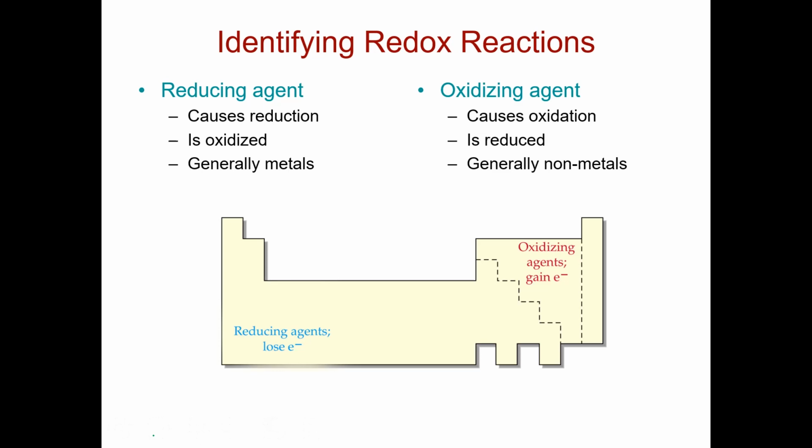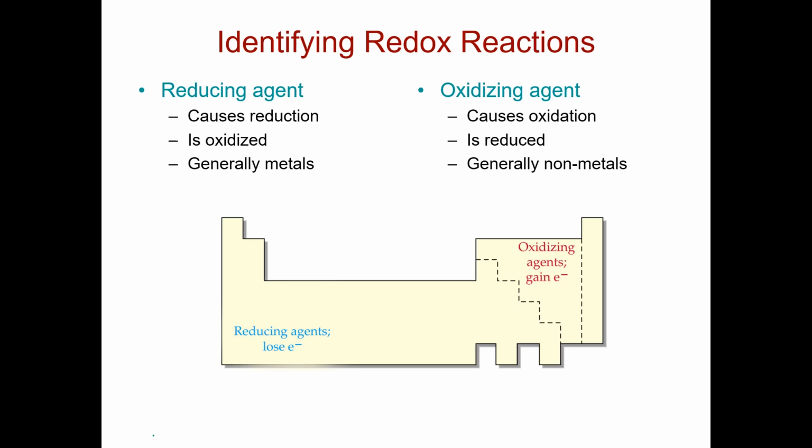Now, you will sometimes see the term reducing agent and oxidizing agent. It's easy to get these confused because you're looking at one thing and it's actually doing the opposite. The reducing agent is the one that causes reduction. If it's causing something else to be reduced, it has to be the one that is being oxidized.